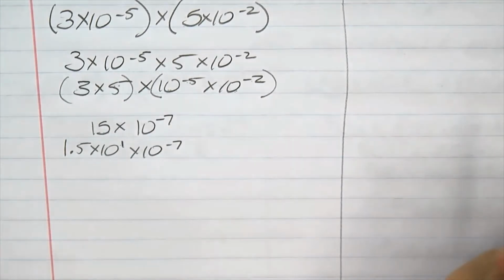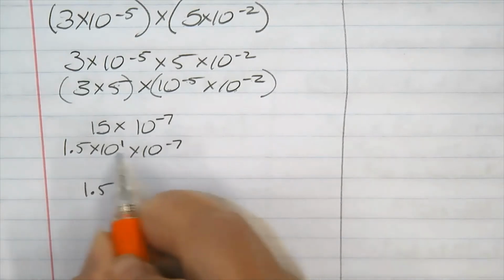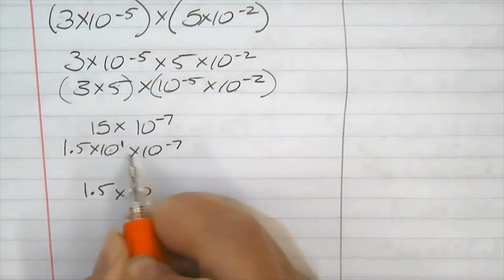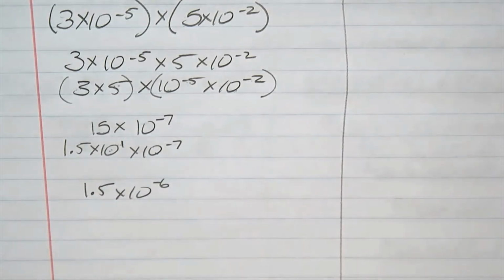Everything else comes down. Now, once again, my base is the same, so I can add these together. 1 plus negative 7 is negative 6. So my answer needs to be in scientific notation as well.